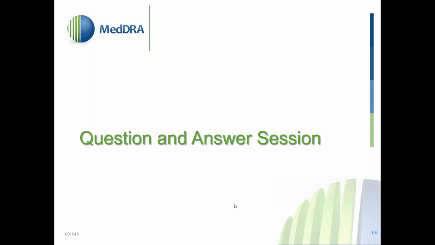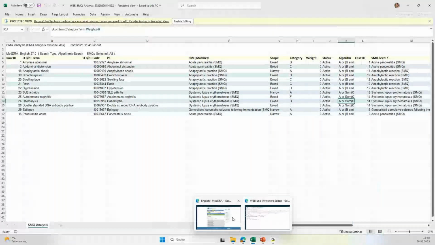Any other questions, Leander? Yep, we've got one more that's just come in. How can we identify the PTs that belong to a secondary SOC? Yes, you can see the PTs in the browser.